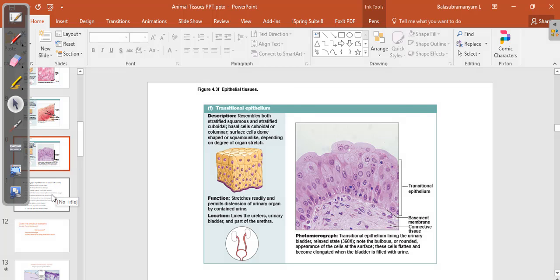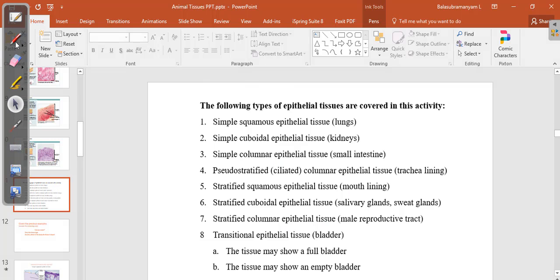And then we can see the examples here. So this slide is particularly about where we can see specific types of tissue.